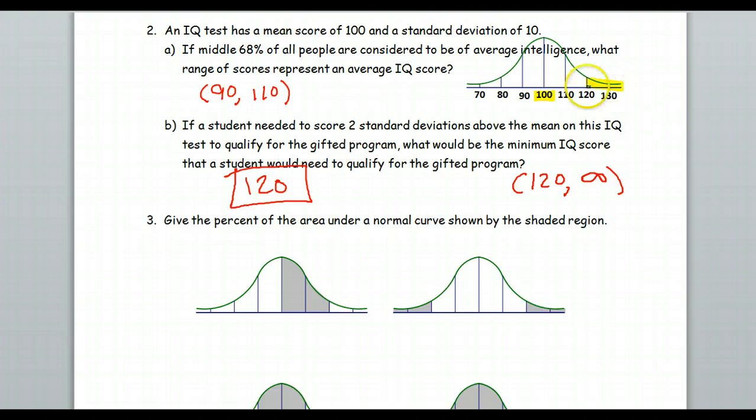If we want to talk about what IQ scores would be gifted, please understand that this upper interval, this last region, is not bounded. It doesn't have an end. It goes forever to the right. So that's infinity. If we ever have to deal with this one going to the left, that's negative infinity.